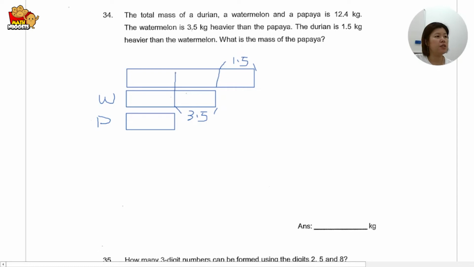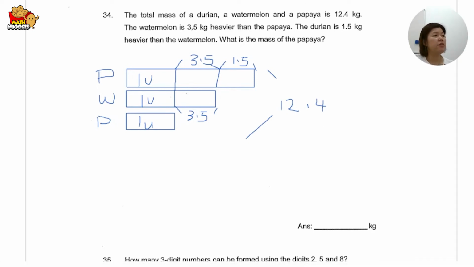So if you cut here also 3.5. This is durian. And all this is 1 unit, 1 unit, and 1 unit. Okay, total is 12.4.